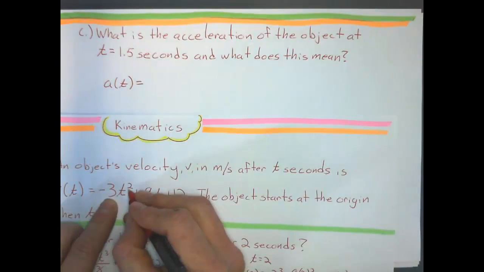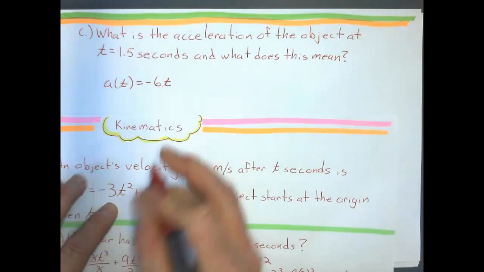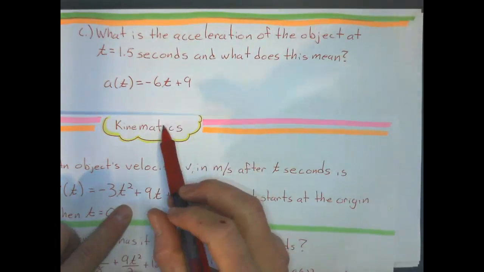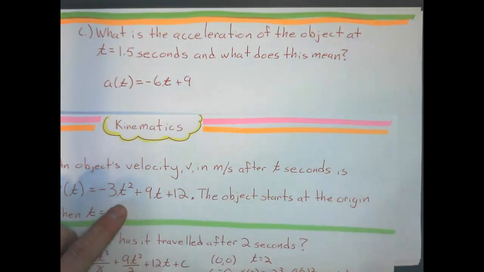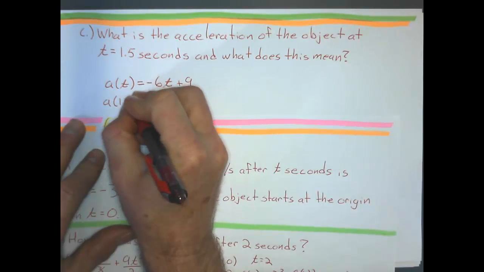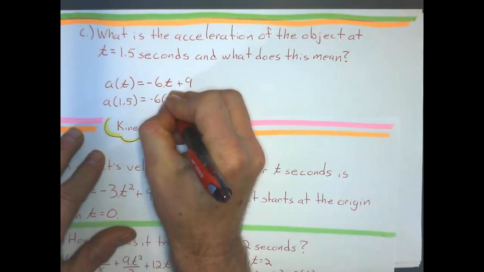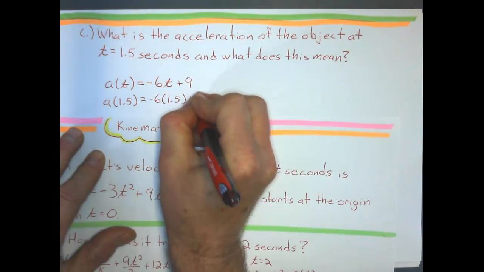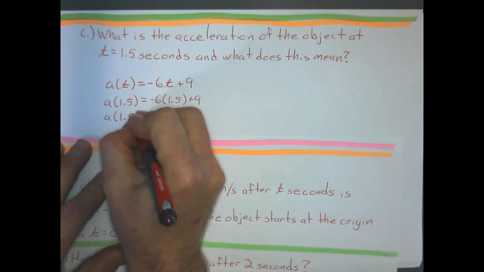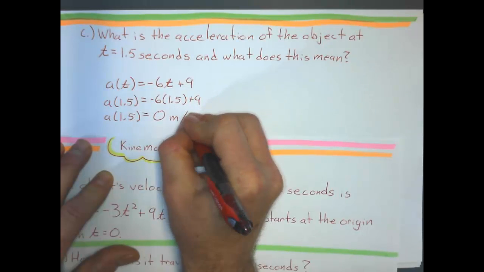So this is going to be negative 6t plus 9. I'm not doing any constant because I did differentiation. Now I substitute 1.5 in there, and I get negative 6 times 1.5 plus 9. At 1.5 seconds, my acceleration is 0 meters per second squared.